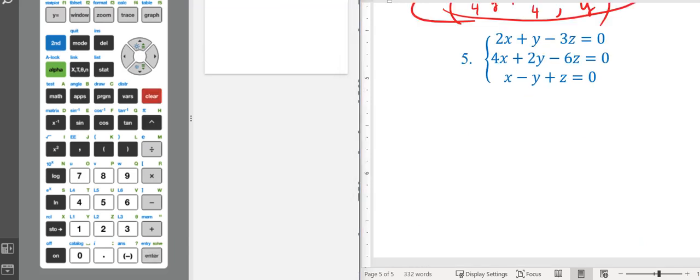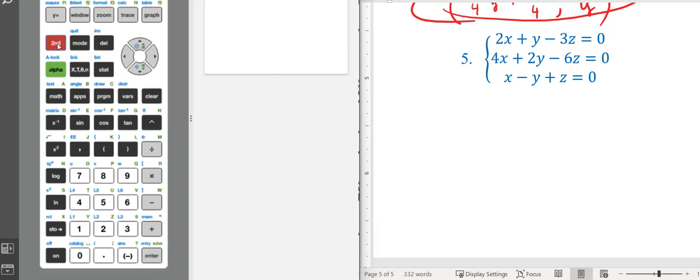All right, last problem. Second matrix, edit. It's a 3 by 4. 2, oh no, 3 enter, by 4 enter. Okay, 2, 1, negative 3, 0, 4, 2, negative 6, 0, 1, negative 1, 1, 0.